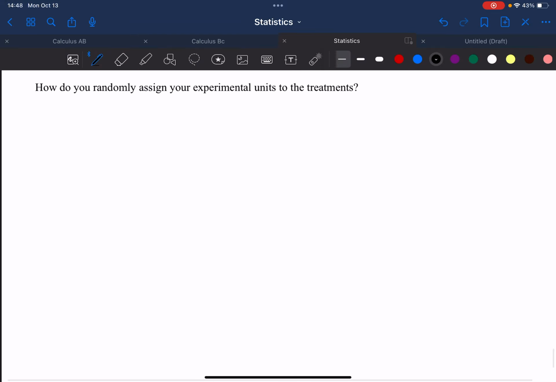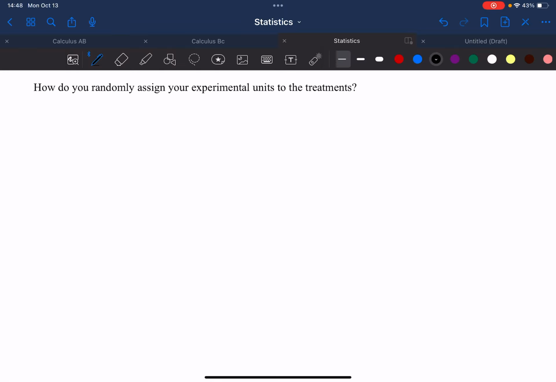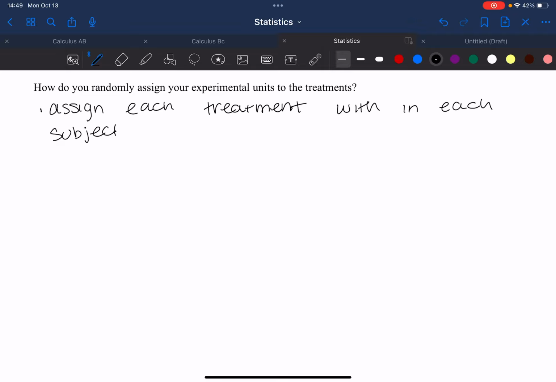So it says, how do you randomly assign your experimental units to the treatments? I will randomly assign each treatment within each individual subject. Okay, so we will assign each treatment within each subject. For subject number 1, we will flip a coin.